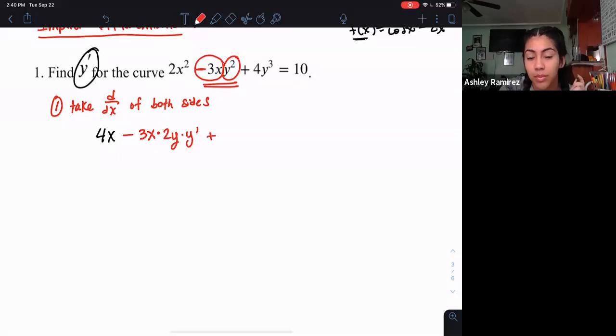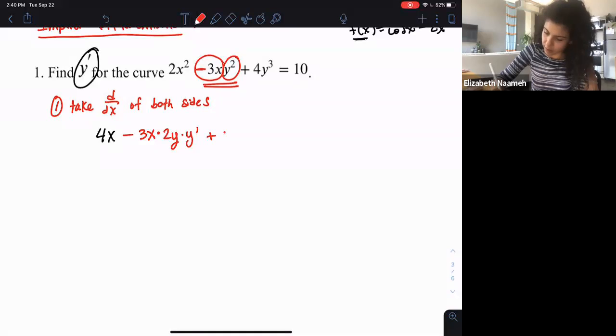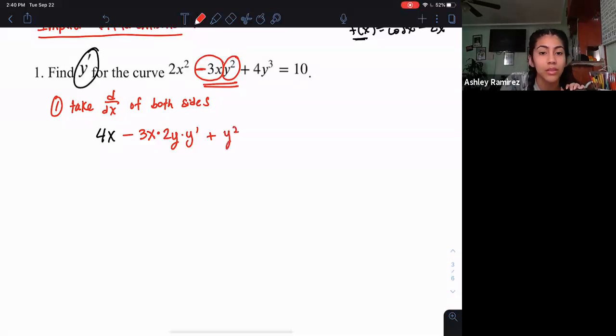So it turns into plus, and then it's the right side times the derivative of the left. So we write down the right side of it as it is, which is y squared, times the derivative of negative 3x.